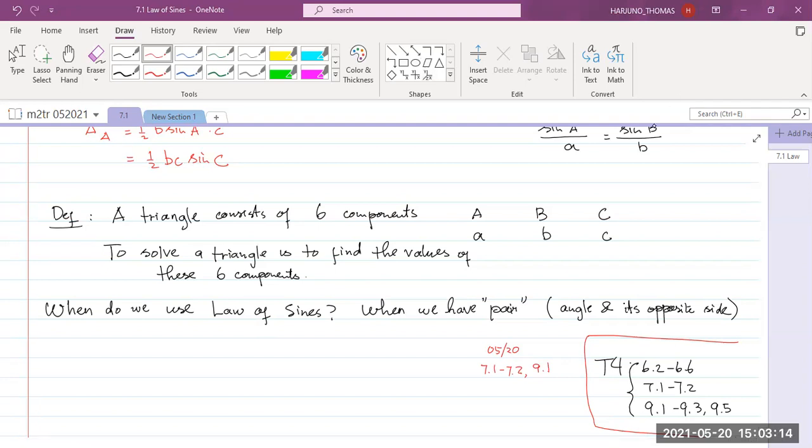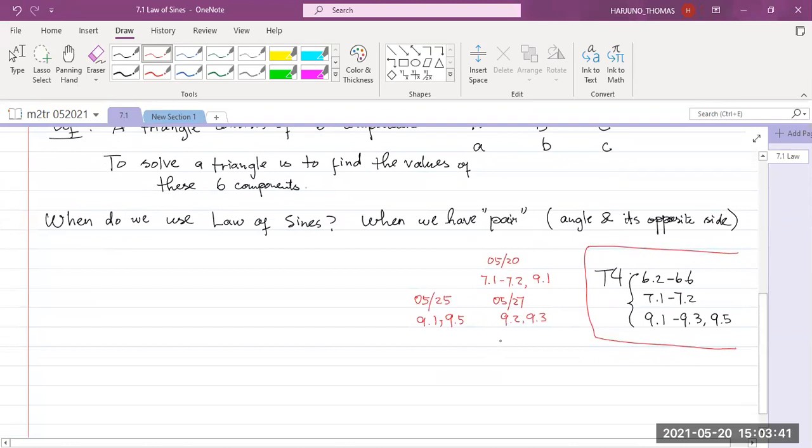Then on the 25th we'll do 9.1 and 9.5. On the 27th next week we will do 9.2 and 9.3. Now your test 4 will be on the 3rd.